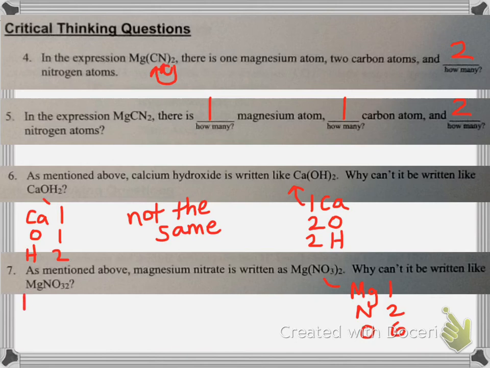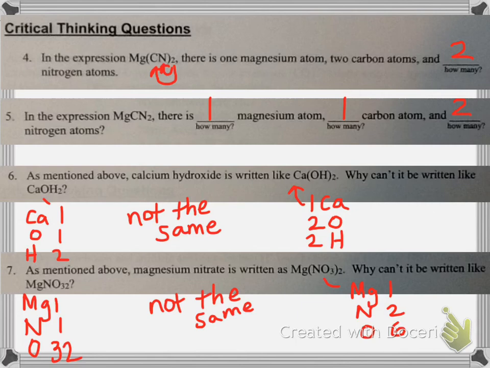Over here, I have 1 magnesium, 1 nitrogen, and 32 oxygens. Again, they are not the same. MgNO32 looks like 32 oxygens rather than 2 nitrates.